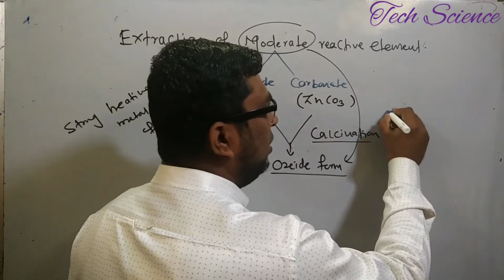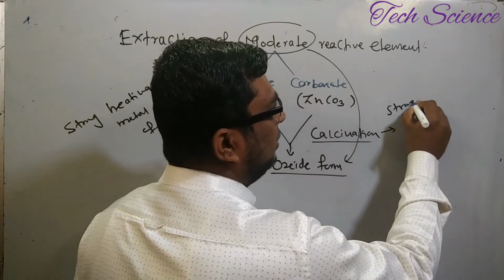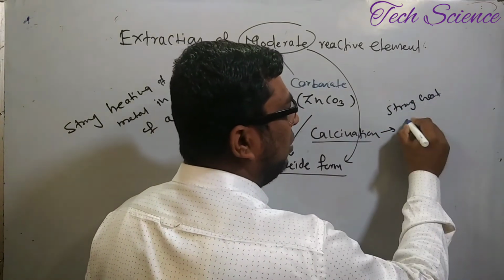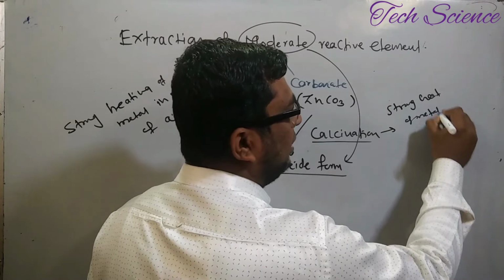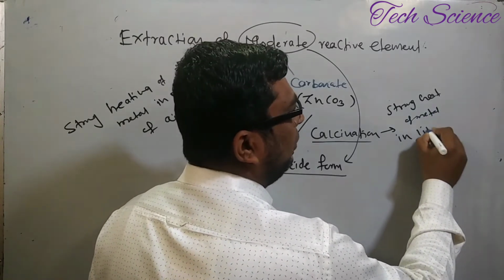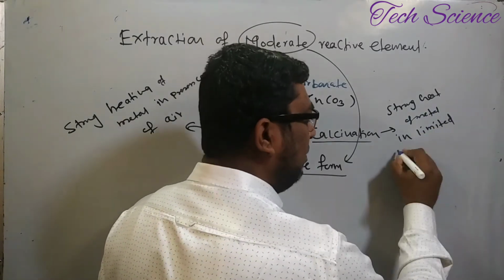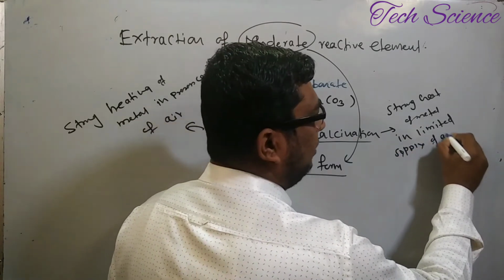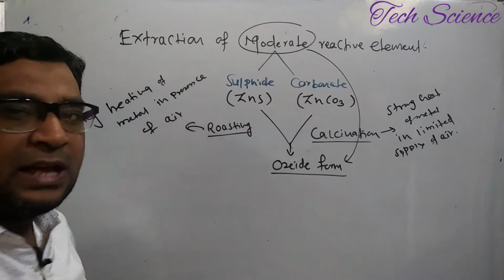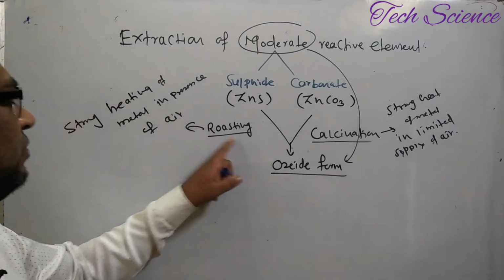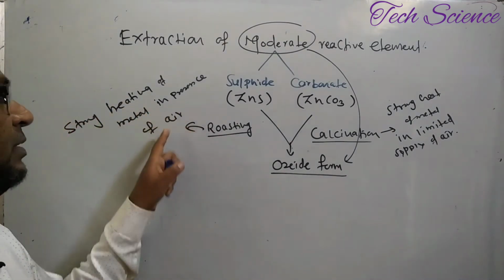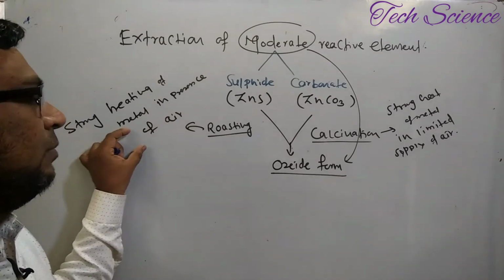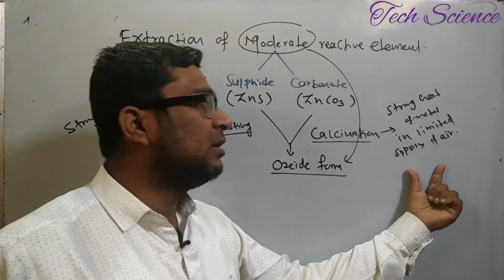This is also the same: strong heating of the metal which is moderate reactive in a limited supply of air. That is the basic difference between roasting and calcination. Roasting is strong heating of the metal in the presence of air, meaning a sufficient amount of air is there, and in calcination there is a limited supply of air.